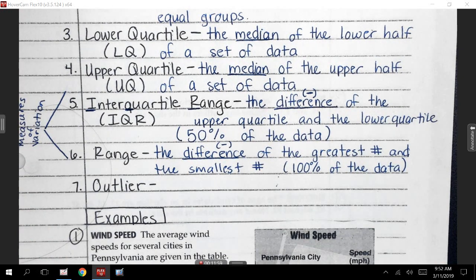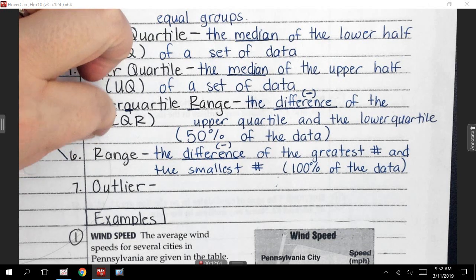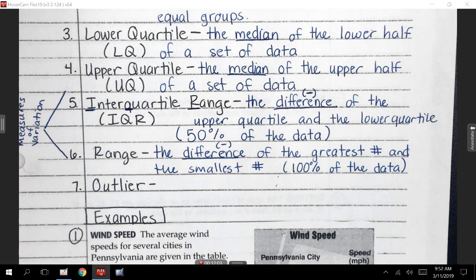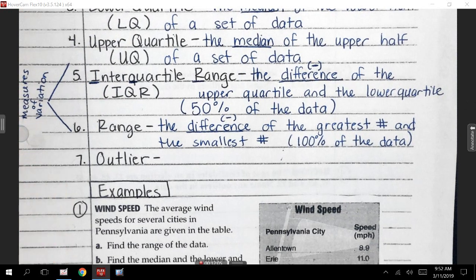All right, an outlier. This is the one that has given people the most trouble. We're going to try to keep it as simple as possible. Guys, an outlier is literally a number that jumps out at you as being a lot bigger or a lot smaller.